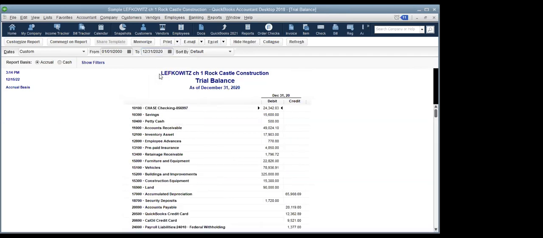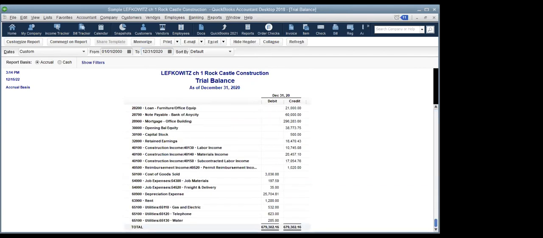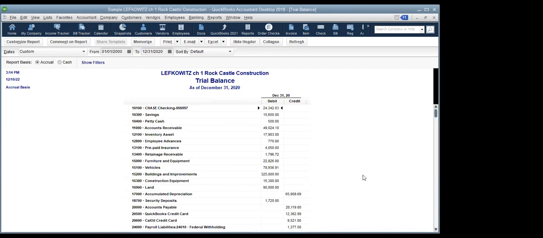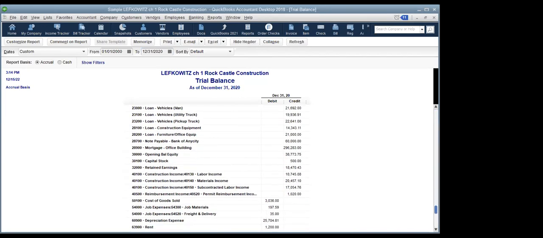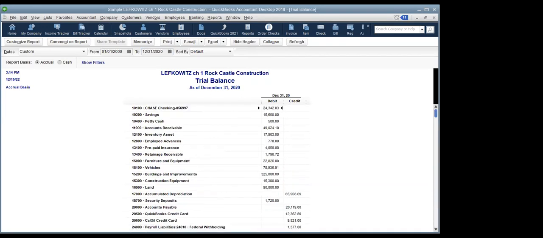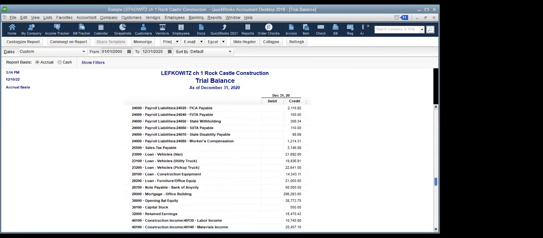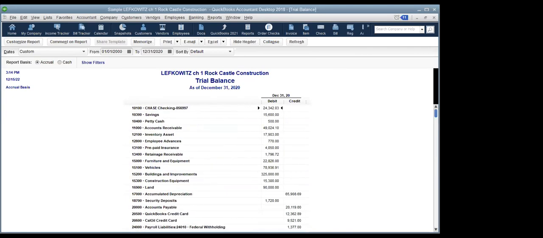So 2020, they were in business already. Okay, so that's December 31, 2020. That's assets, liability, and should be some equity. Let's see the equity.